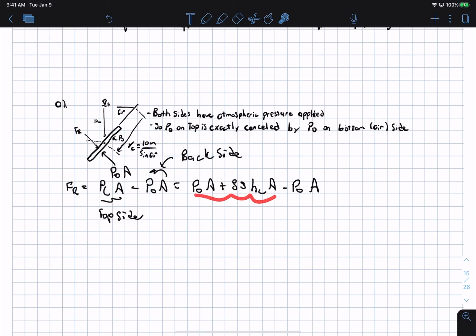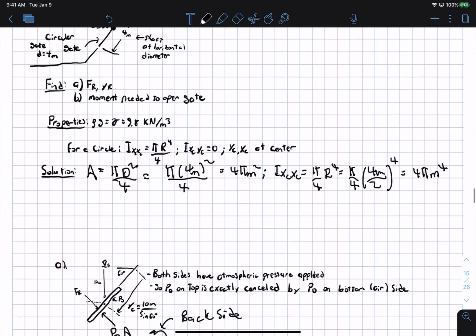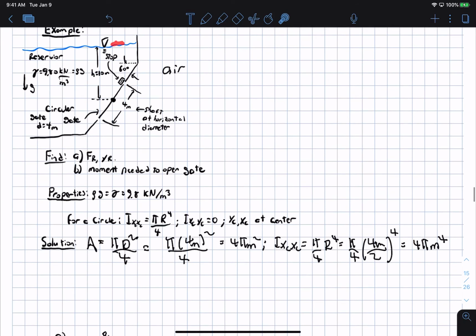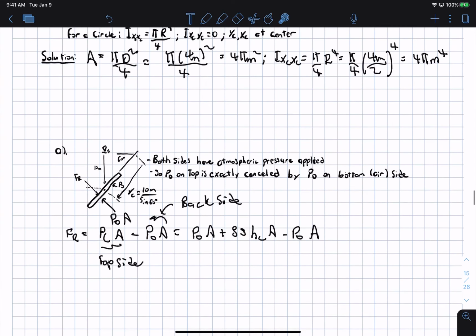Okay? And so this term here is nothing more than the pressure at the centroid times the area. But notice that term has an atmospheric pressure. That is the atmospheric pressure that's pushing on the top of the water, is also added to the hydrostatic pressure that is pushing on the gate. And that is exactly canceled out by the atmospheric pressure that's pushing on the back of the gate.